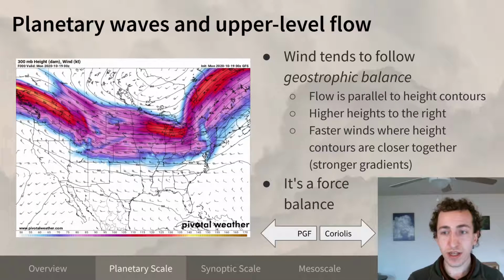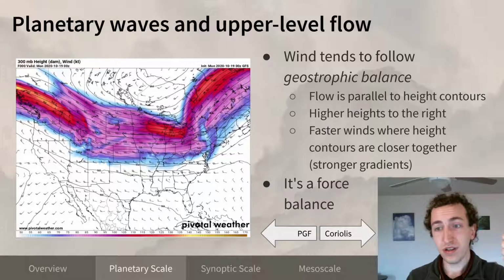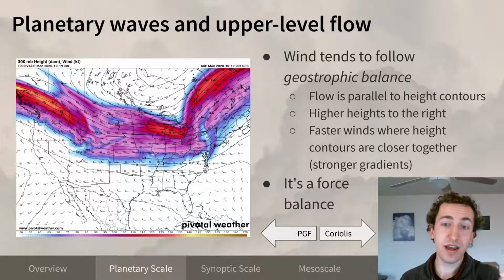And one more point here, just talking about how this upper level flow behaves that will become important as we go on, is that this upper level flow, this wind tends to follow something called geostrophic balance. The exact terminology, you don't have to worry about where it comes from, just know geostrophic balance is what meteorologists call this flow that is, one, it's parallel to the height contours.